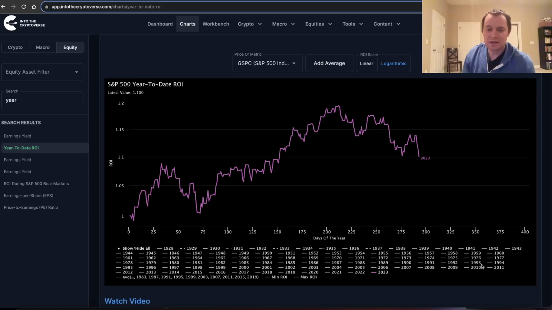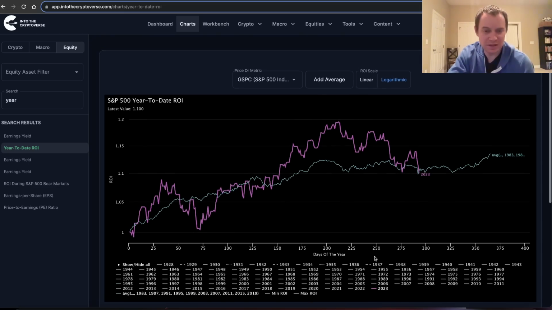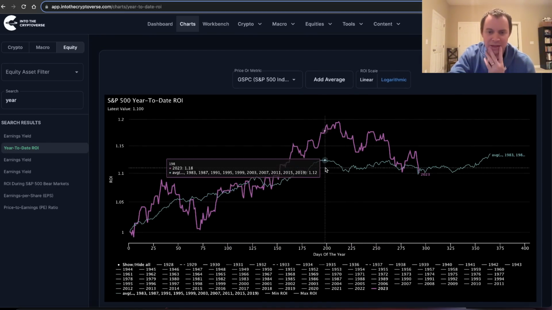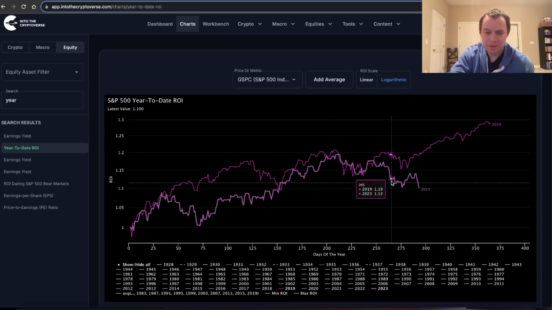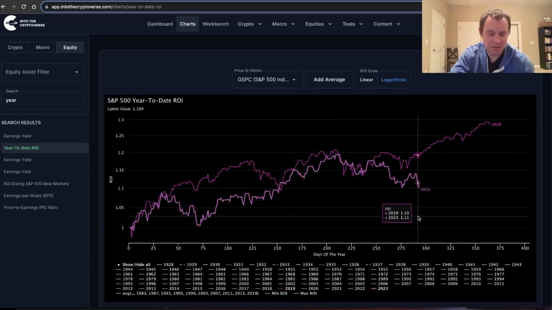But the interesting thing is that if you compare this pullback by the S&P 500 to the average of all prior pre-election years, this is what it looks like. And we said, all right, look, if you look specifically at 2019, you can see there was a correction in that August to September timeframe.